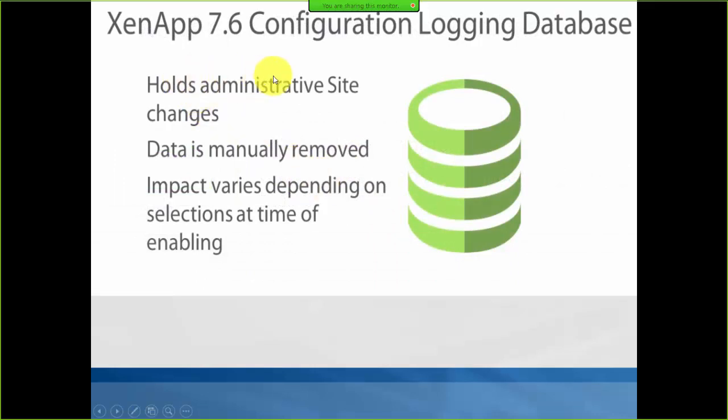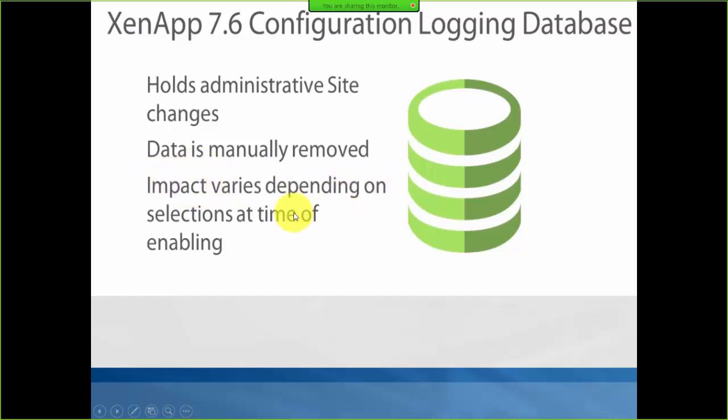The 7.6 configuration logging database holds administrative site changes, anything that is stored in the logs and reported in the event viewer. There's a database collecting all that, and this is always useful, and it could save your job as well, because when we want to know what happened in the last downtime, where the fault was, this is what really helps us tell how the events unfolded.